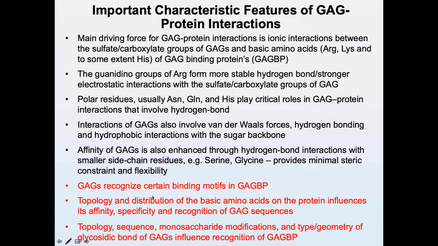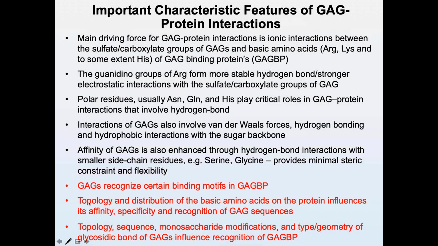Now, let's take a look at the other structural features that also make GAG recognized and also involved in specificity. For the first 4 that we talked about, we mainly discussed affinity of interaction. However, the last 3 characteristics are really what make GAG able to recognize the proteins and are also involved in specificity.